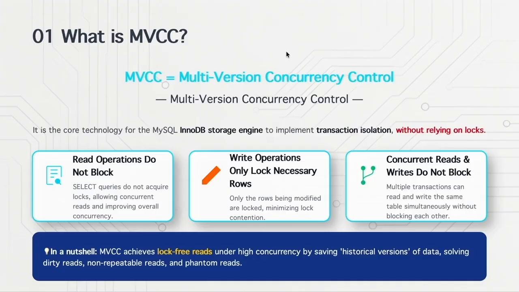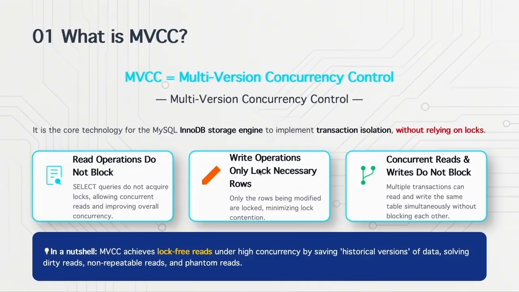So, what exactly is MVCC? Simply put, it stands for Multi-Version Concurrency Control. It's the ingenious technology InnoDB uses to handle multiple transactions accessing the same data simultaneously without locking everything up. The magic lies in three key principles. First, read operations don't block each other or write operations.